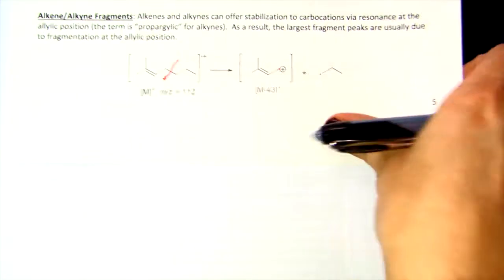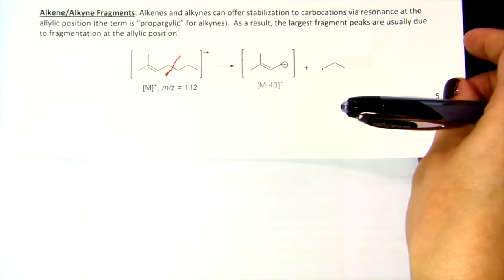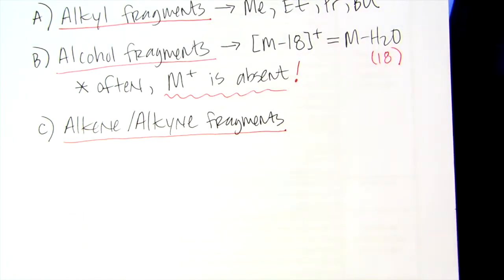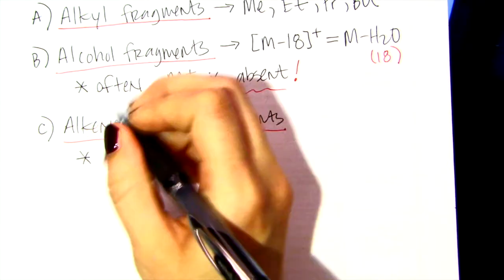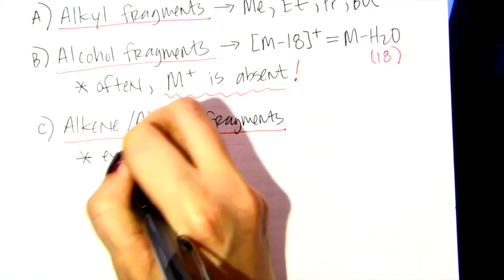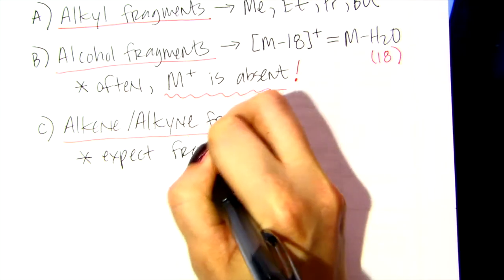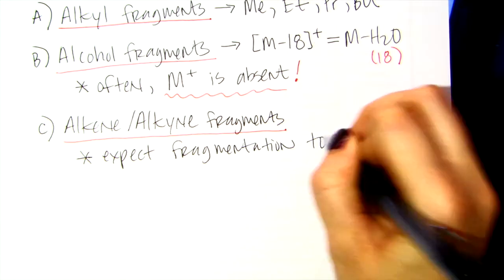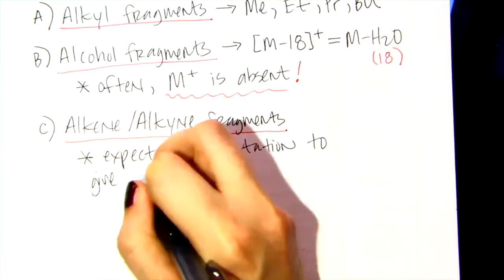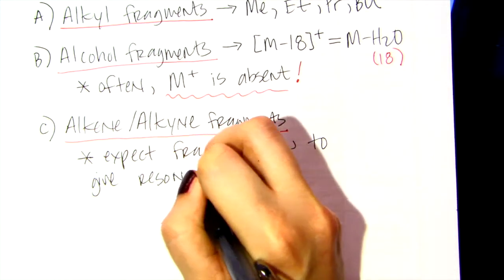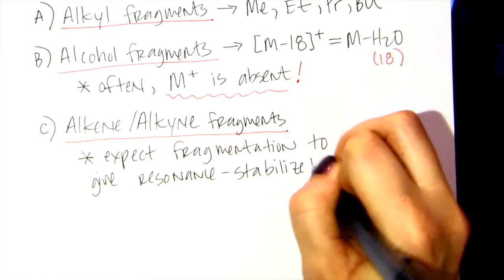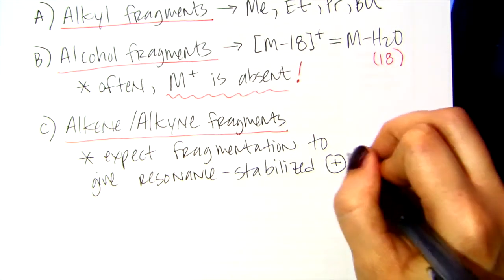Of course, you'd also see the other fragments from the other pieces as well. So the takeaway from this one is that you expect it to fragment to give resonance stabilized cations.